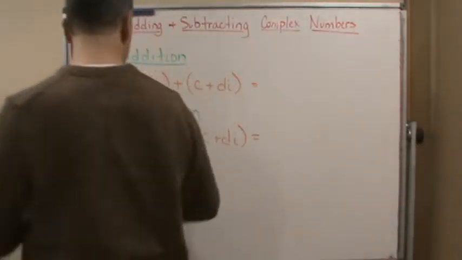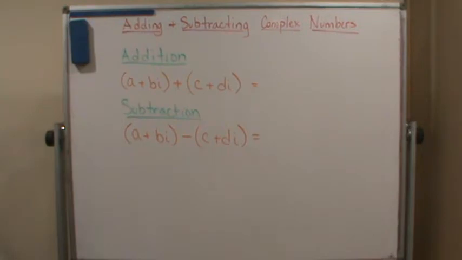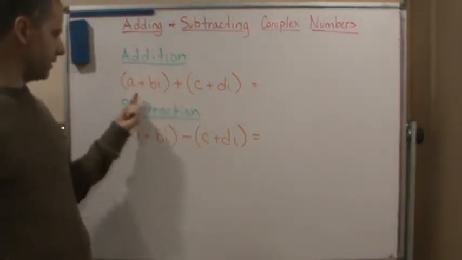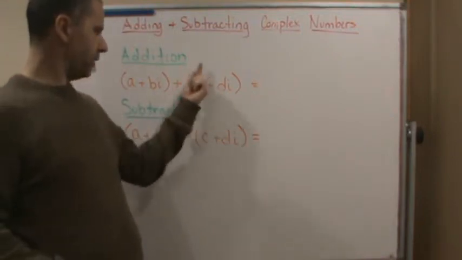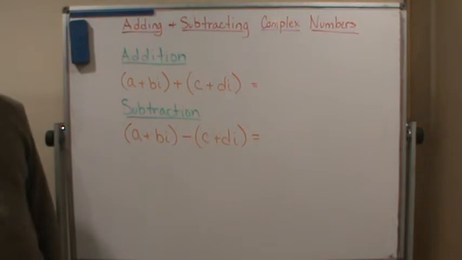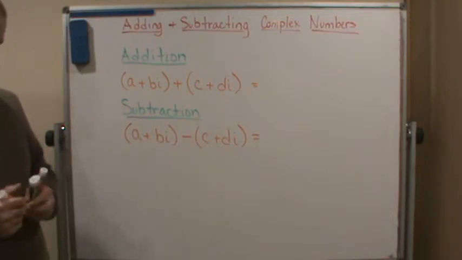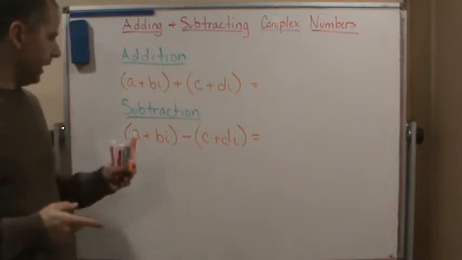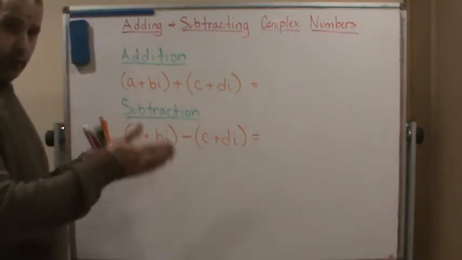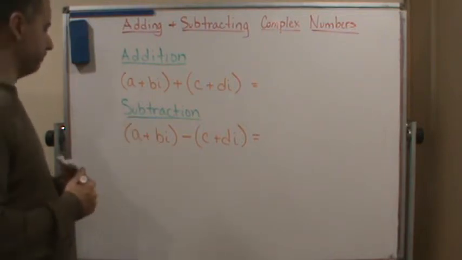So this is just the general form: a plus bi, plus another complex number, where a, b, c, and d are all real numbers. All you have to do is match up real with real, imaginary with imaginary.